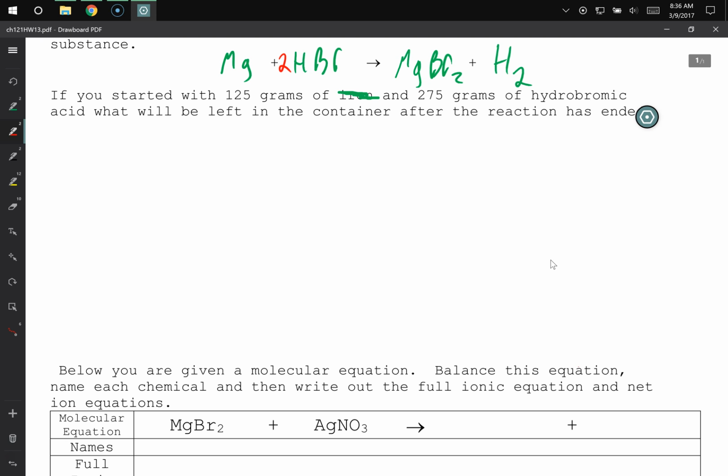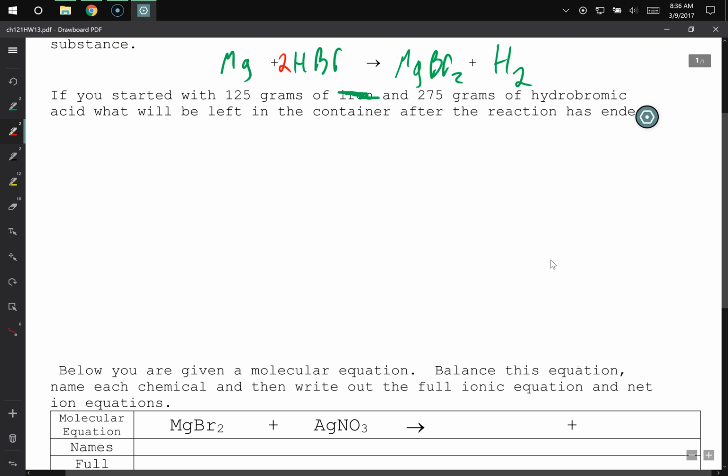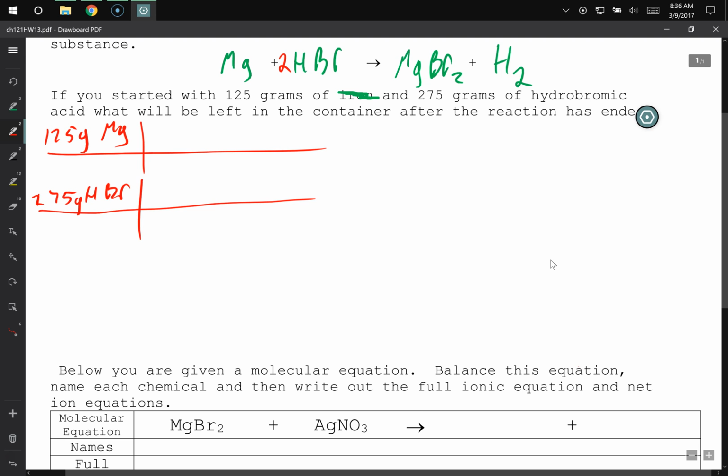Okay. So I've got 125 grams of magnesium, and I've got 275 grams of HBr. Let's see.